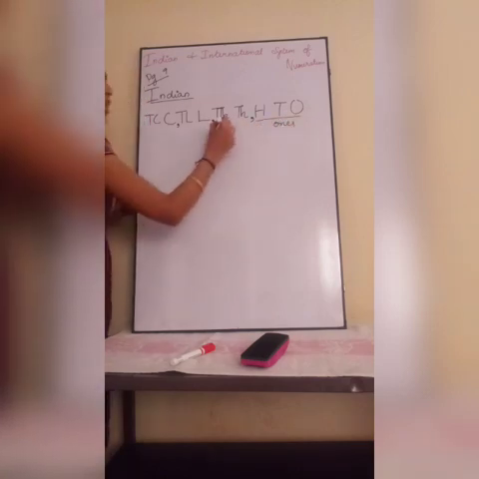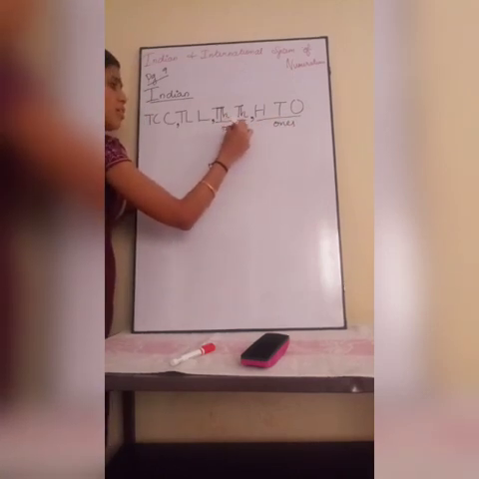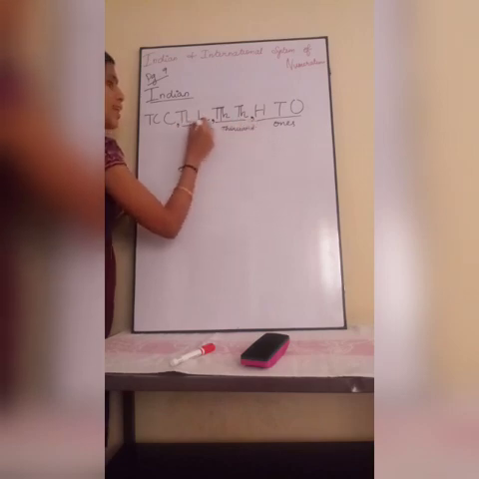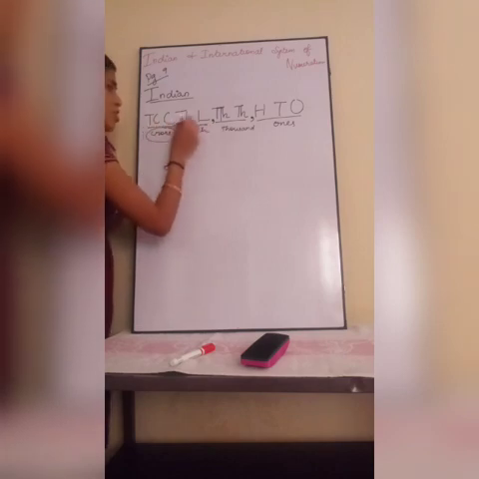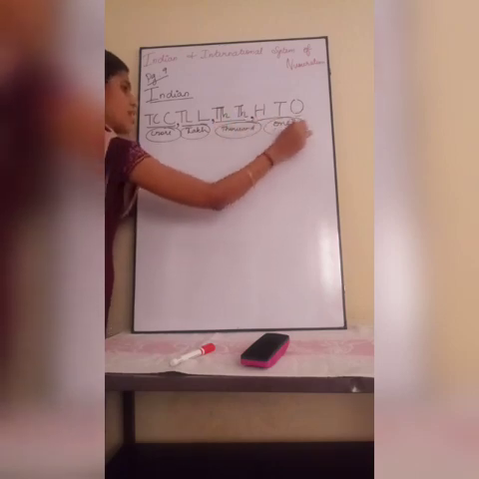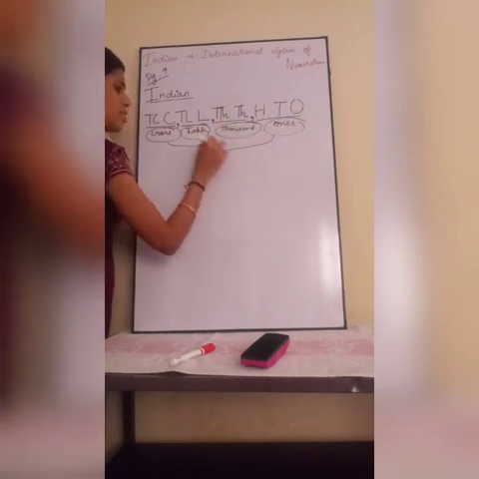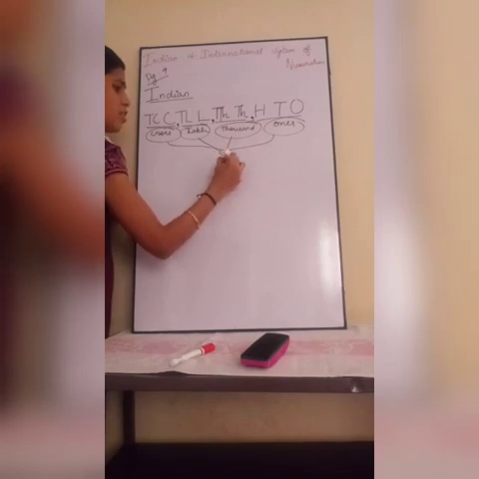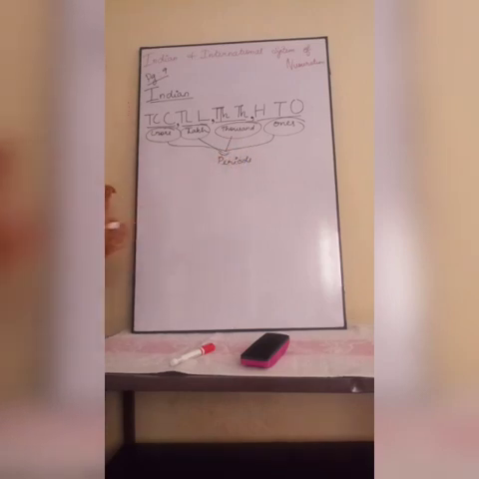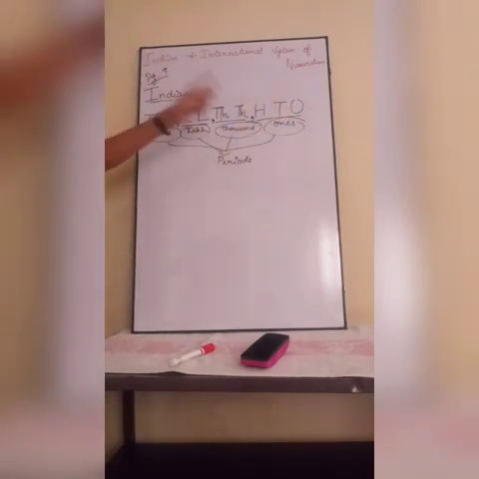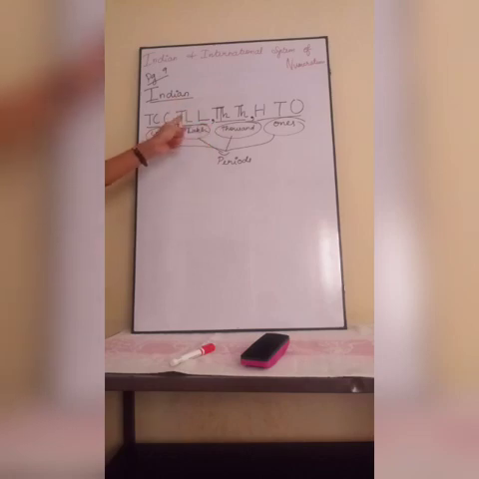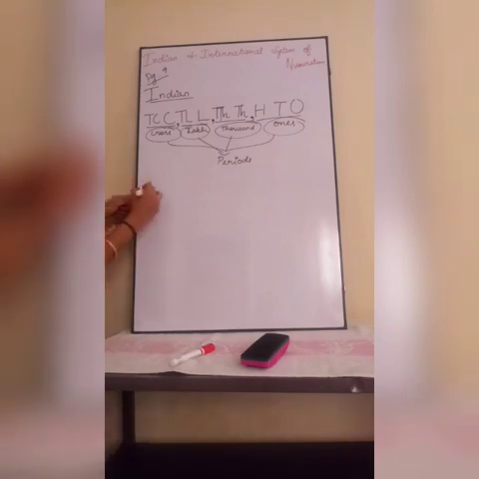Ones is your pre-period, thousand is our period, lakh, 10 lakh is our period, then crore is our period. So these which I have circled now are called periods. So how are you going to separate into groups? Ones, tens, hundreds, comma, thousand, 10,000, comma, lakh, 10 lakh, comma, crore, 10 crore. Understood?